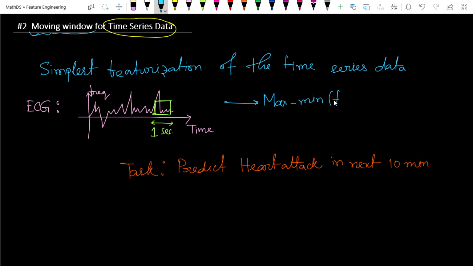I'm talking about the general purpose case and the simplest one. So based on this 1 second window, consider what is the maximum value in this window, what is the minimum value in this window, like that. There are various types of features, various techniques they have.